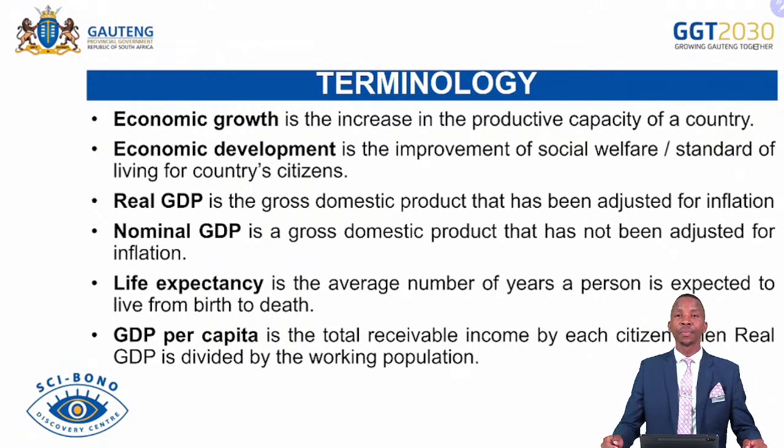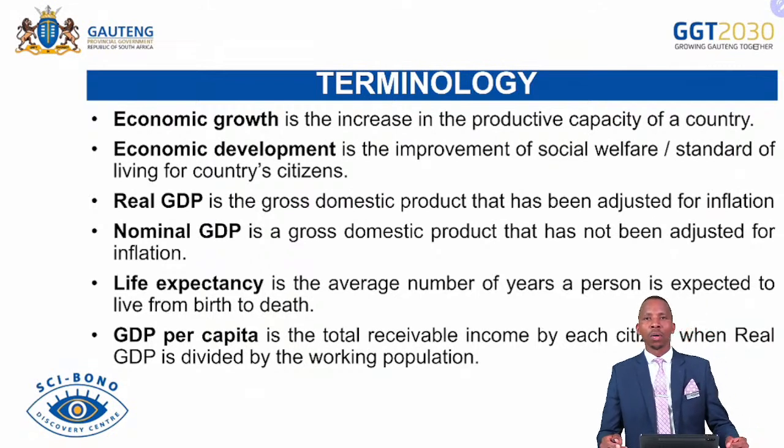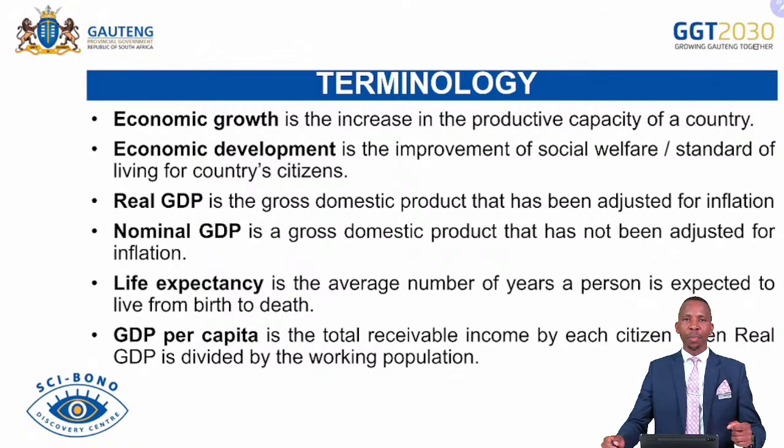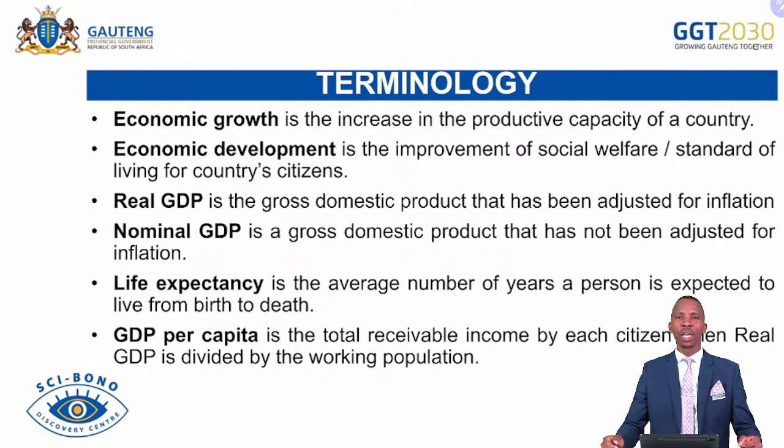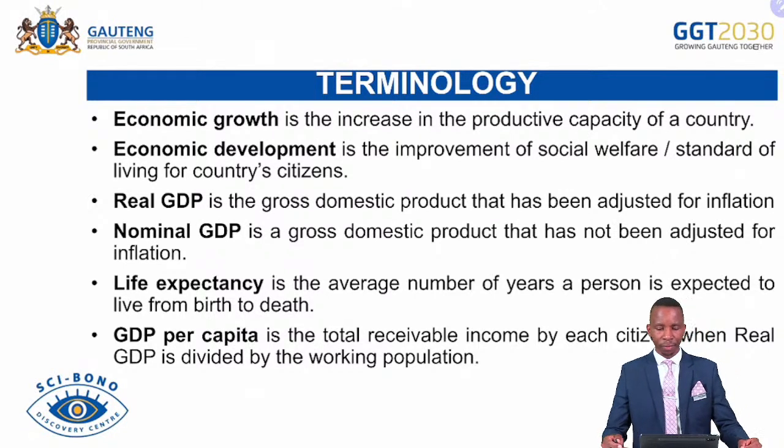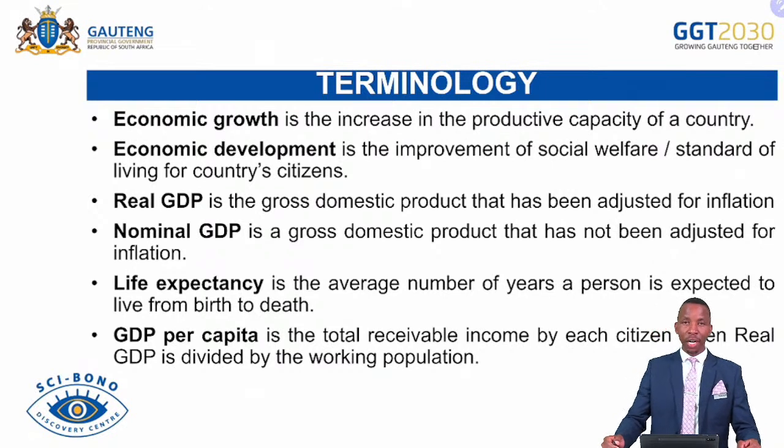Real GDP. Real GDP refers to GDP figures that have been adjusted for inflation, or GDP figures where inflation has been taken into account. And then nominal GDP refers to GDP figures that have not been adjusted for inflation.